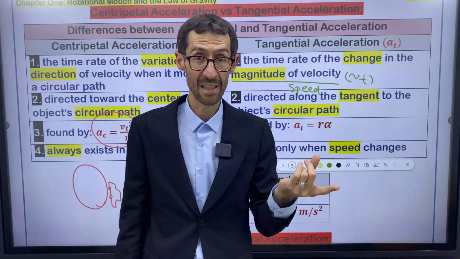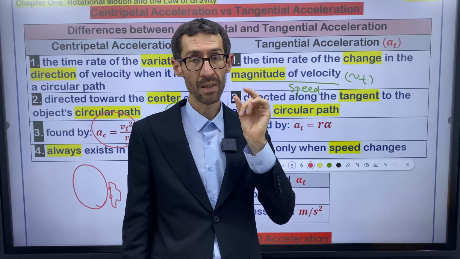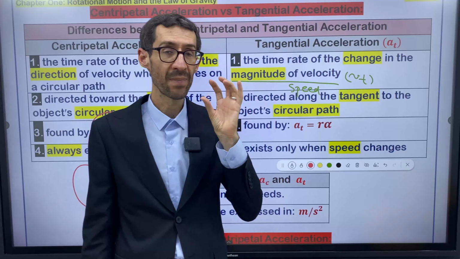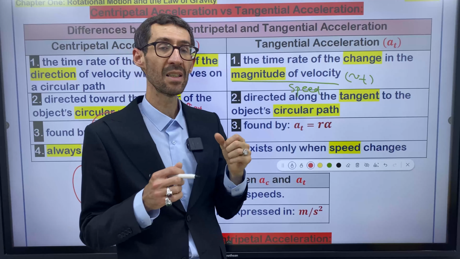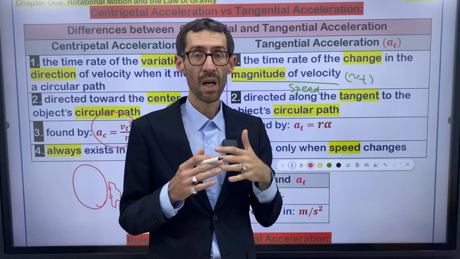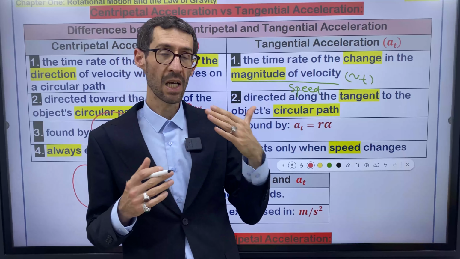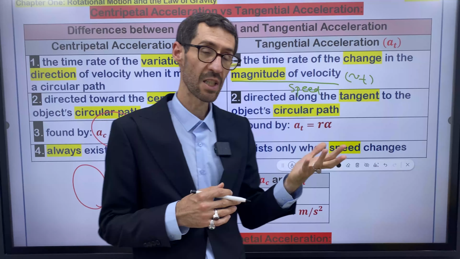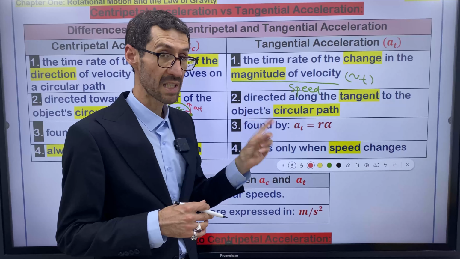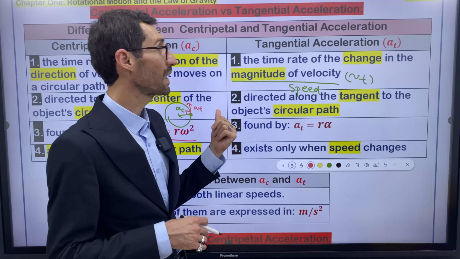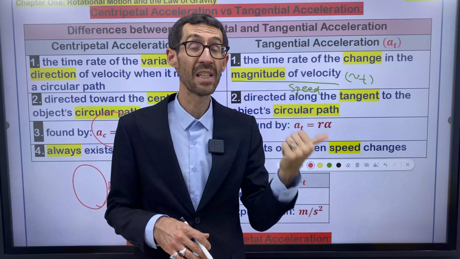I want you to guess: when the object moves with a constant speed, a constant tangential velocity. In this situation, AT becomes zero. So AT can be zero, no problem.